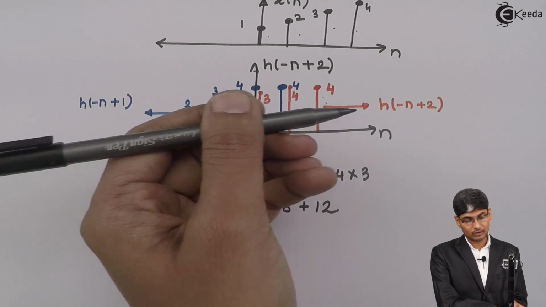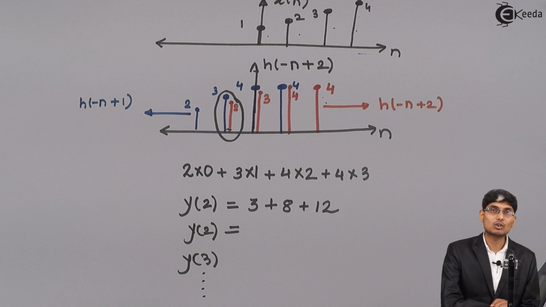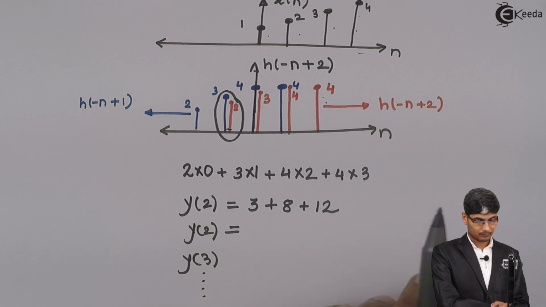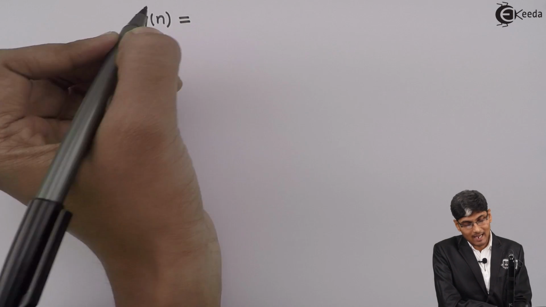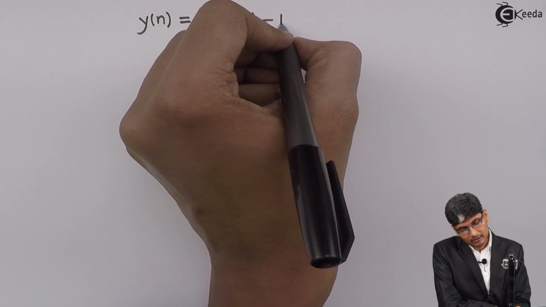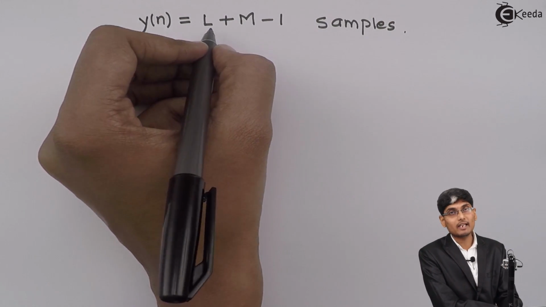So I am going on shifting till this 2 moves out of this frame after 4, then every overlap will give me 0. Therefore, I can conclude with this that y of n will have L plus M minus 1 samples. Now where is this L and where is this M?